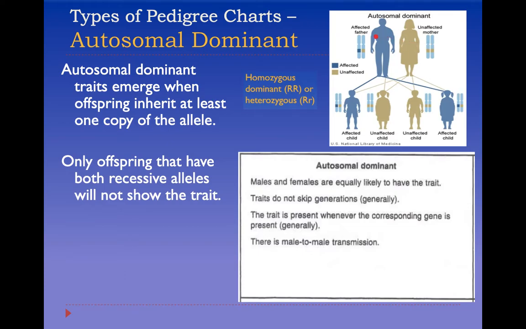But the point is that if it's an autosomal dominant trait, the father has the trait here, and here is the affected. So the father's affected, the mother is not. The mother is homozygous recessive, the father is heterozygous. Now we look at the offspring. This male got the trait because he inherited that chromosome, which is carrying that gene, from his dad.